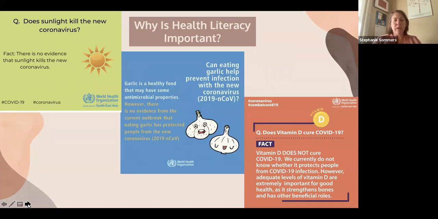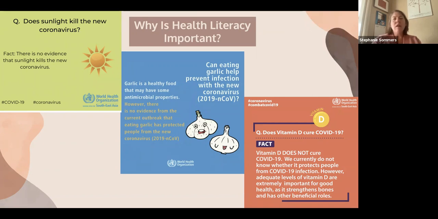I pulled some screenshots off of the World Health Organization website. Does sunlight kill the new coronavirus? Remember when we might have heard that? Can eating garlic help prevent infection with the new coronavirus? And does vitamin D cure COVID-19?